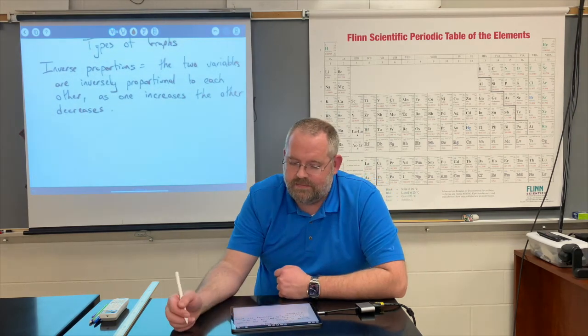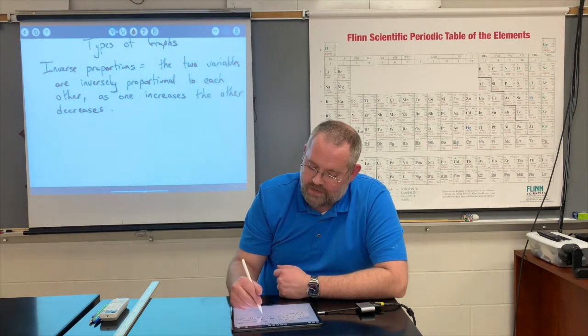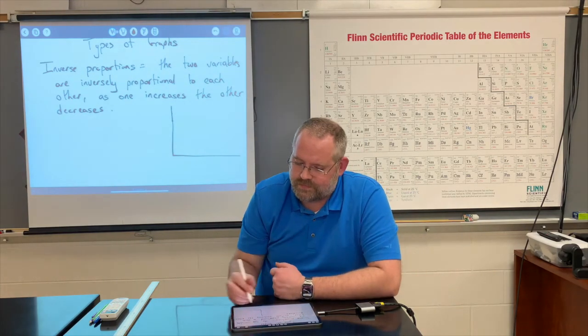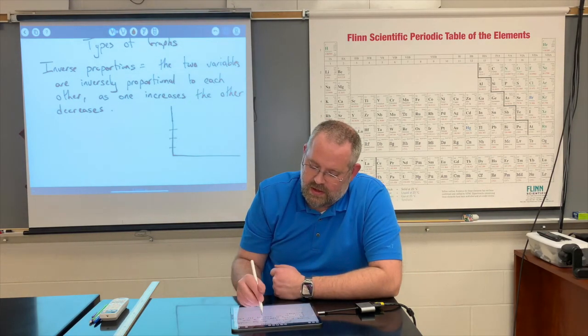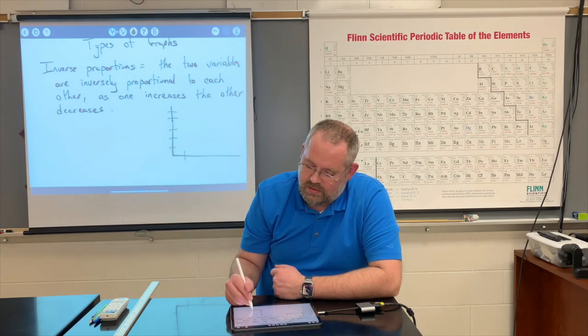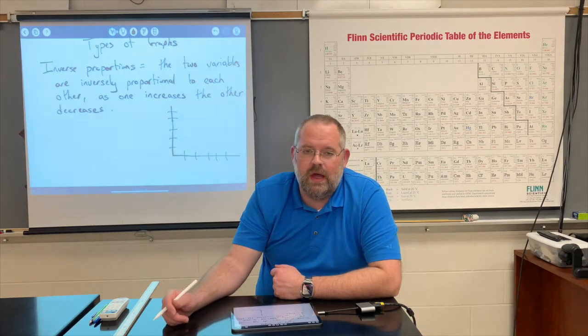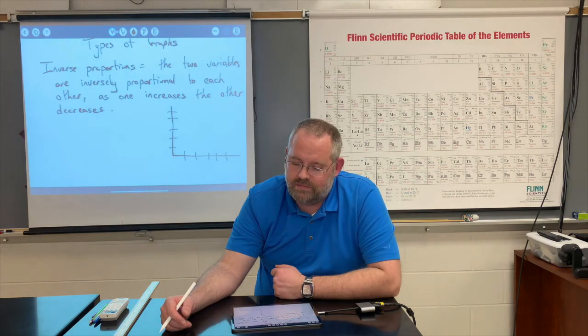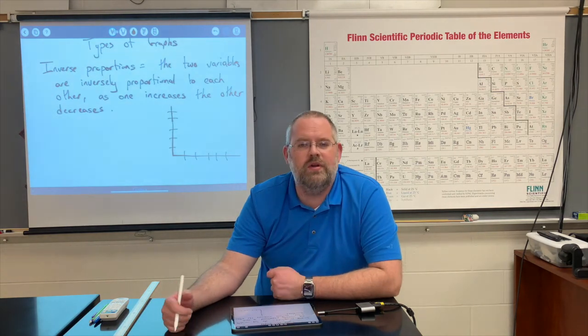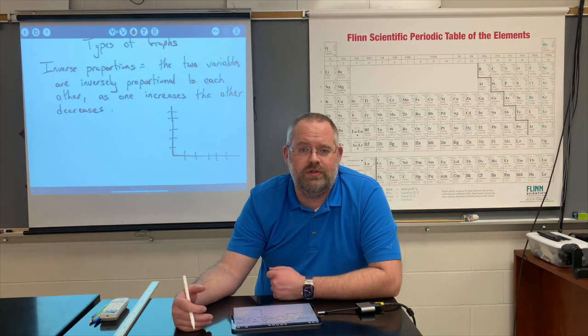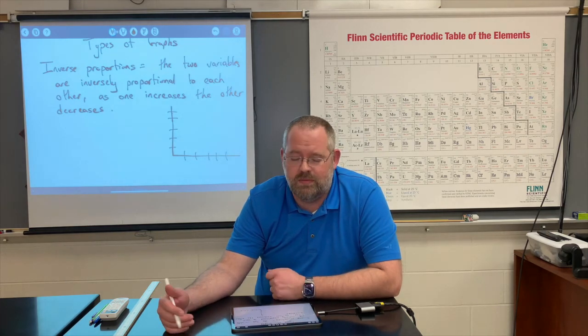So if I am looking on a graph and I have an x and y axis here, and I am measuring how much time it would take to dig a hole with one person, with two people, with three people.